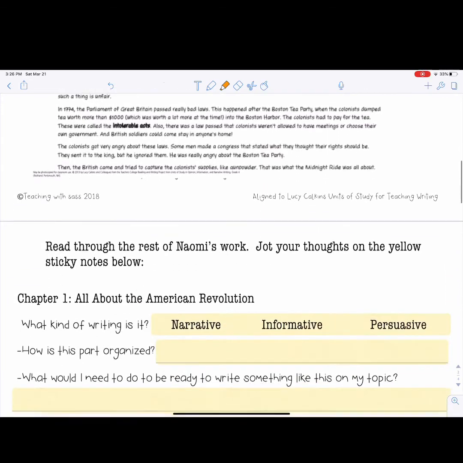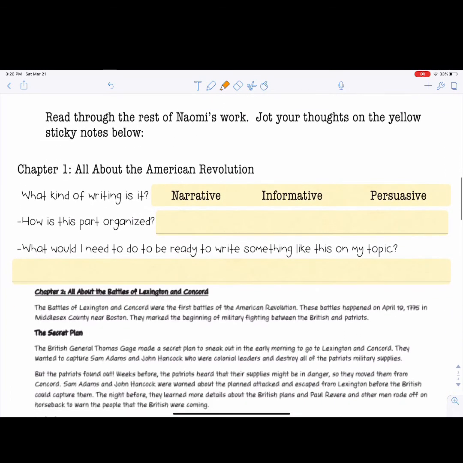When you scroll down, this is going to match up with Chapter 1, all about the American Revolution. Notice the title is the same. The directions say to read through the rest of Naomi's work and jot down your thoughts on the yellow sticky notes below. And this is where your questions come in.